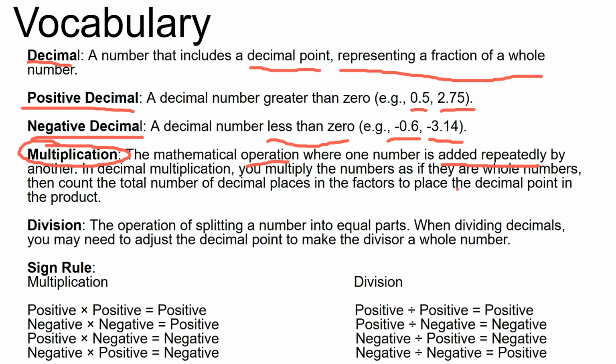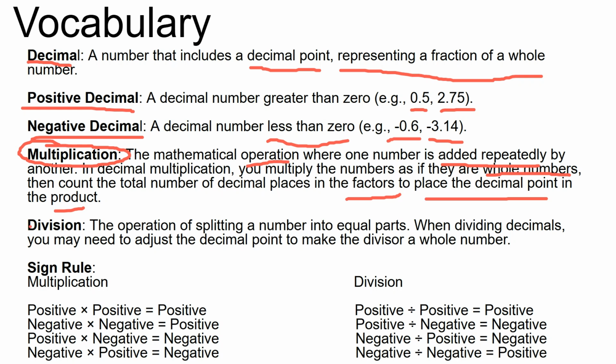We treat them first as whole numbers, and then we count the total number of decimal places in the factors. Factors are the two numbers you multiply to each other, and the result is called the product. Then count the total number of decimal places in the factors to place the decimal point in the product.